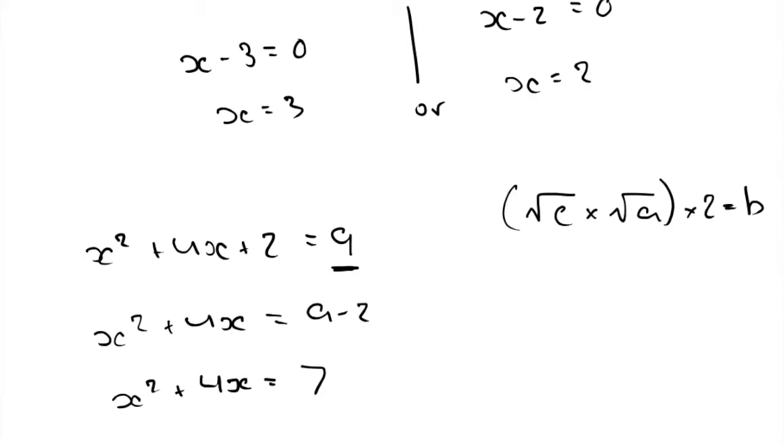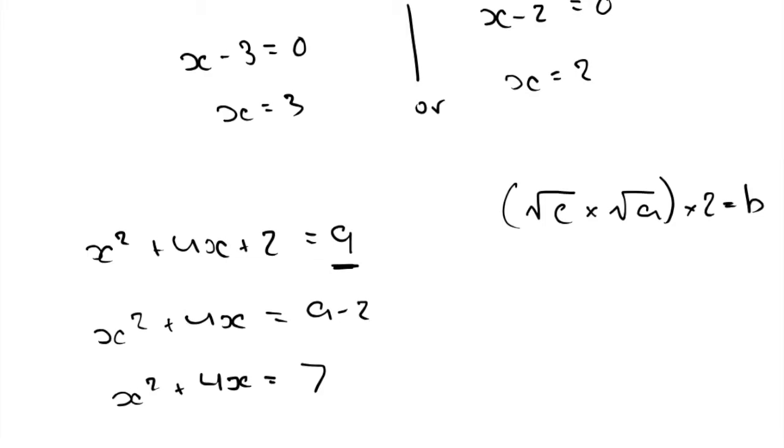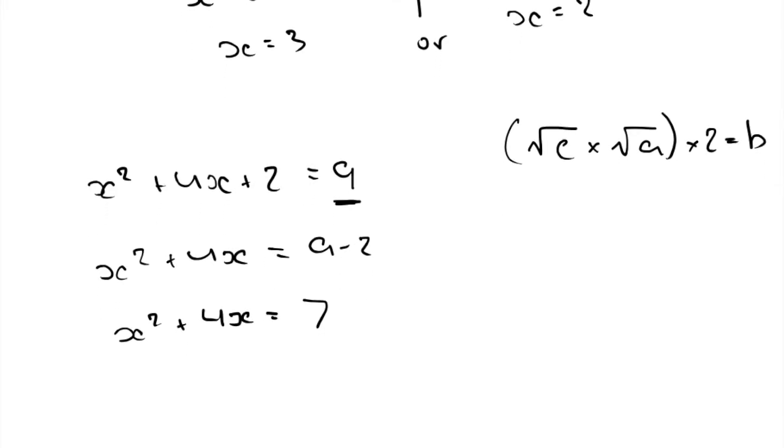Now you want to remember that b is equal to the square root of c times the square root of a times 2. In this case, a is 1 and b is 4, right? So if we take half of 4, we can get a simplified version of x squared plus 4x plus (4 over 2) squared.